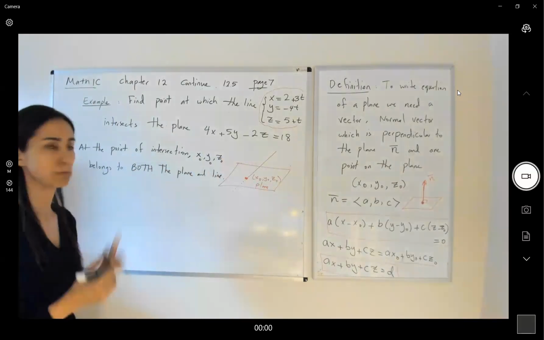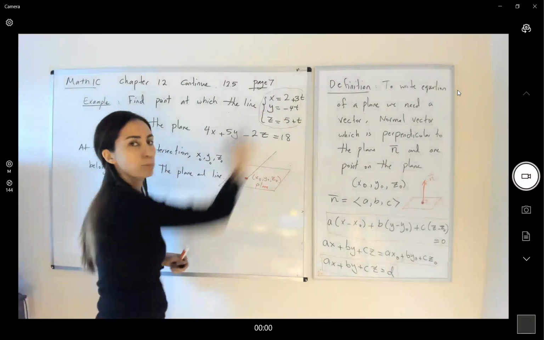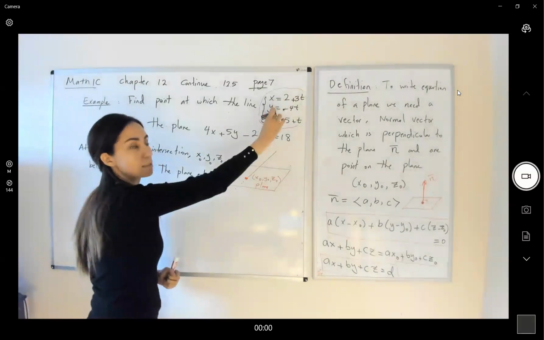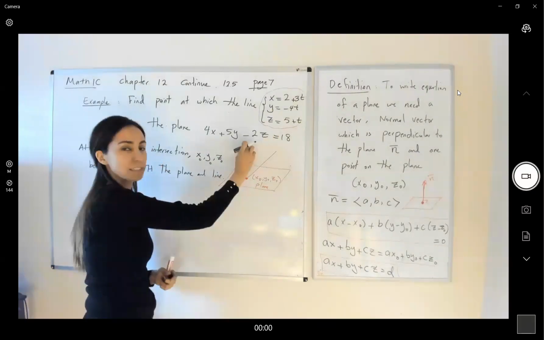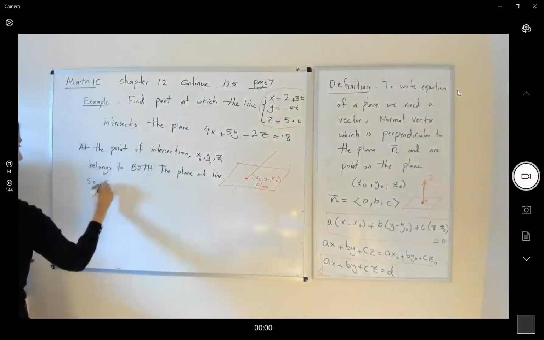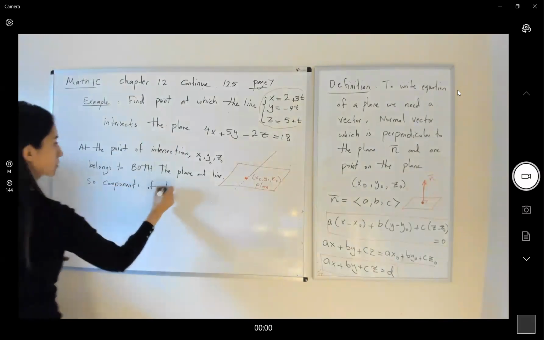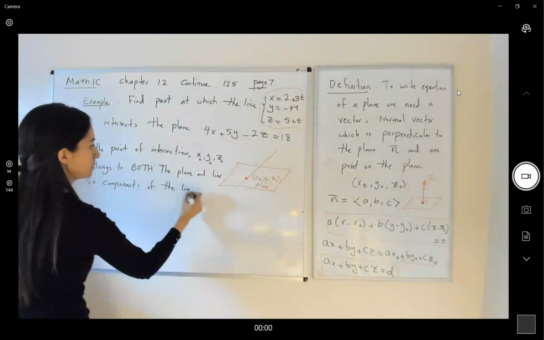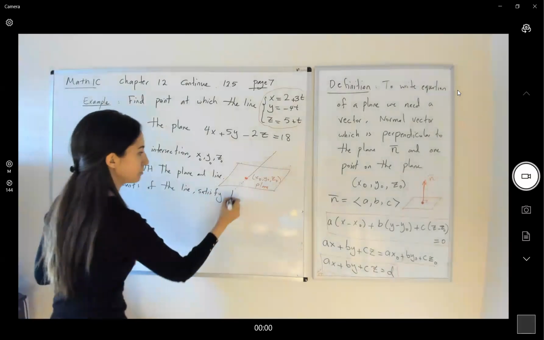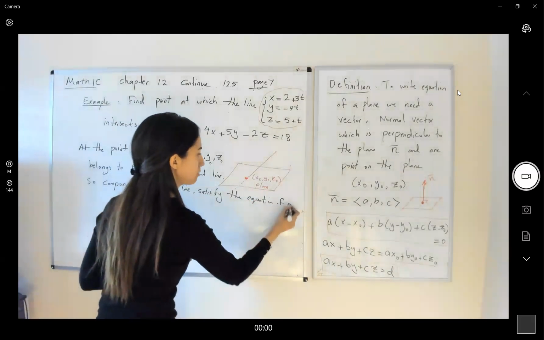Okay, what's the meaning of that? It means that if you take the components of the line, they must satisfy the equation of the plane. So, the components of the line satisfy the equation of the plane.